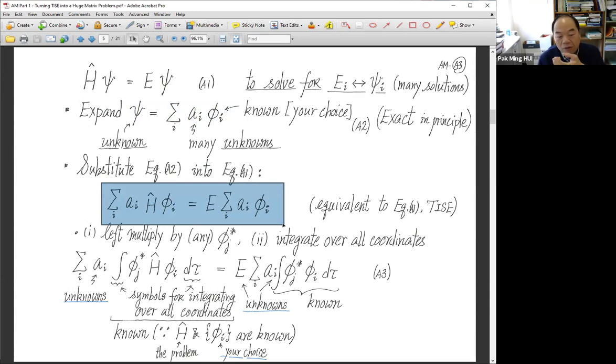All right, so it goes through the operator, and the H only operates upon the basis functions phi_i. Okay, that is the left-hand side. The right-hand side, the unknown is E, the energy, but it is a number, it's a value. Okay, so I just multiply into the E, the expansion. Okay, do you follow me up to this highlighted line?